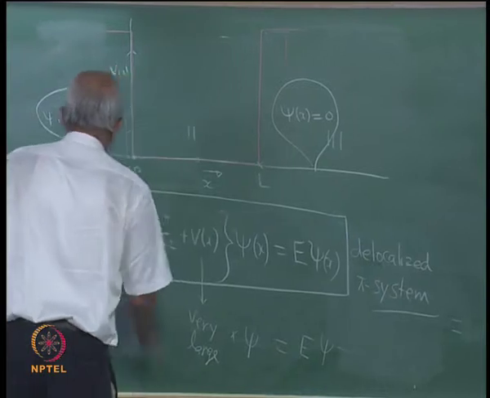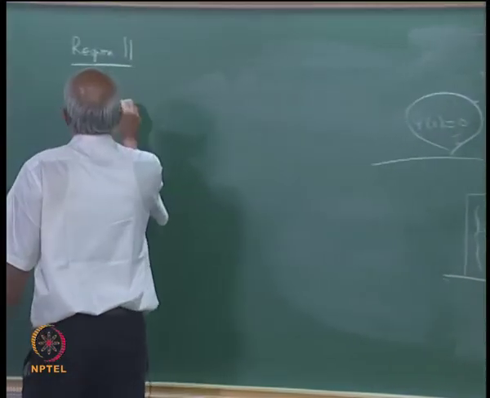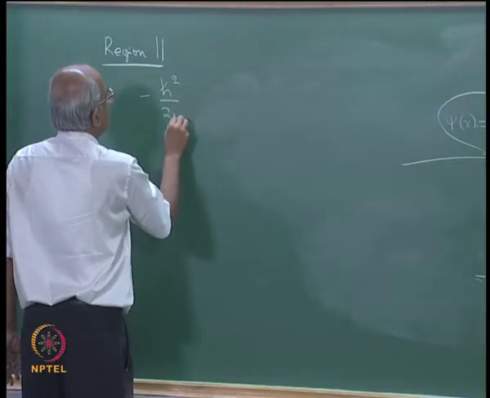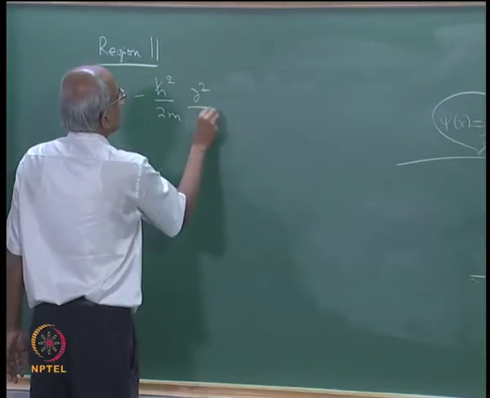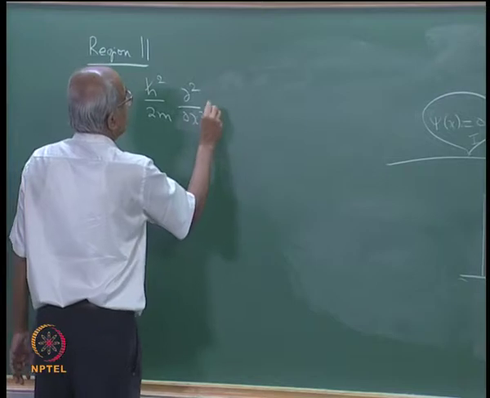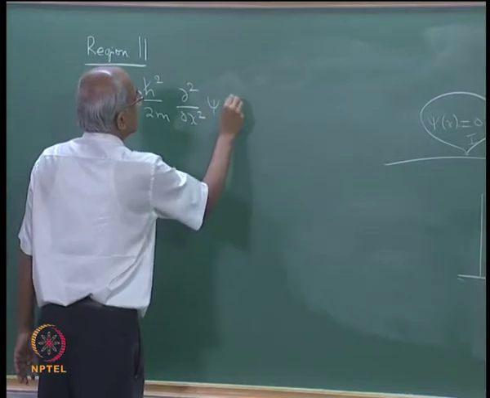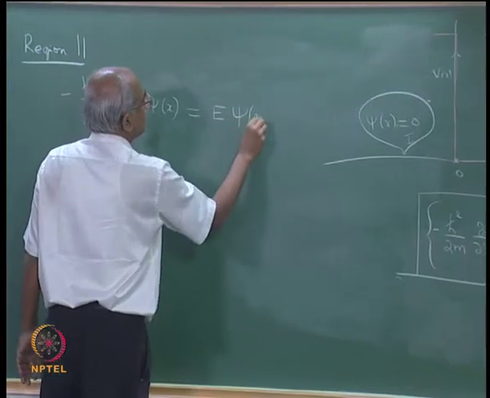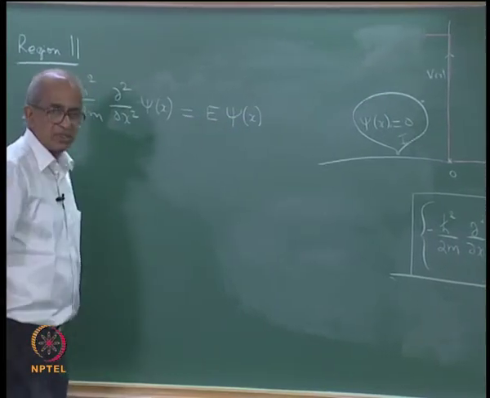Therefore, I will have minus h cross square upon 2m, dou square upon dou x square operating upon psi of x, is equal to E psi of x. This is the equation.